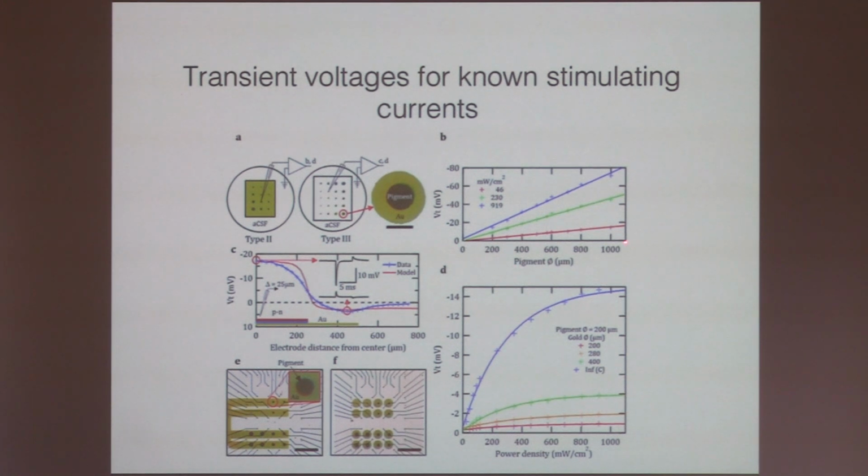So the bigger the pigment film, the more charge we can pump into this PN junction, which makes perfect sense. And again, it goes up with the intensity. But it's also very important to have a large enough electrode around it.